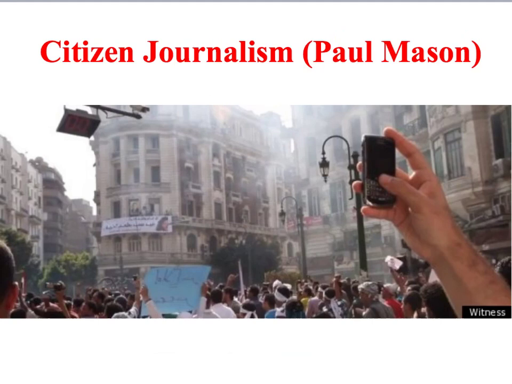So citizen journalism is the idea that the news is no longer exclusively produced by professional journalists working for media corporations, that what's happened because of the internet and smartphones with cameras on them is ordinary individuals have been turned into citizen journalists.